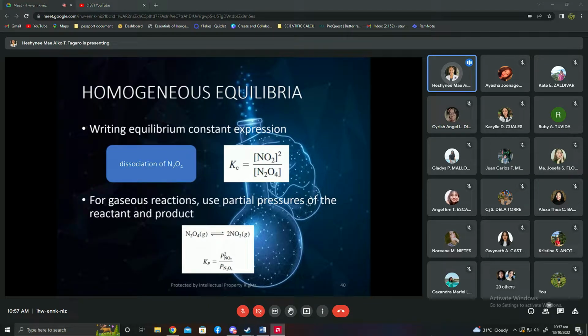It's because your Kc is not equal to Kp, because the partial pressures of reactants and products are not equal to their molar concentrations. And take note, for Kp expressions, there is a letter P before the name of the reactant and the product, and that is where the exponent is placed.